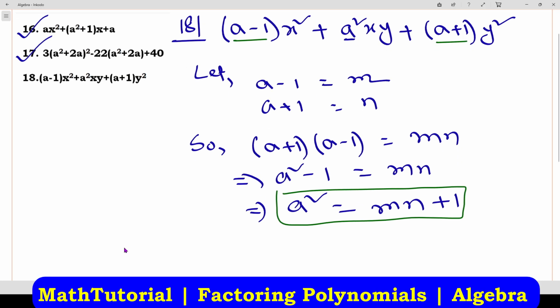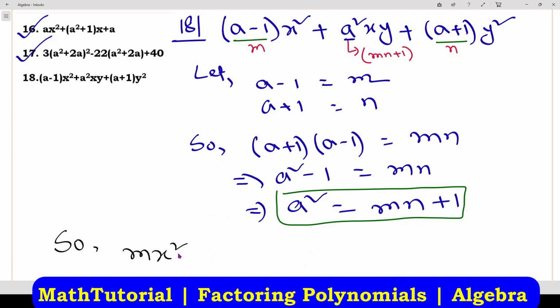So first, we can write (a minus 1) x square as m x square, right? Because this one is m, this one is n, and a square becomes mn plus 1.